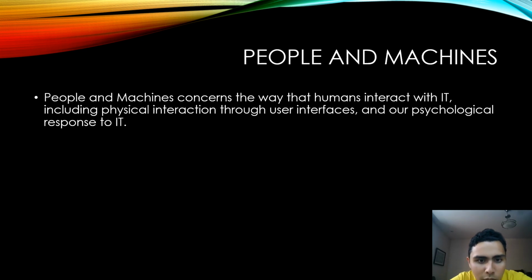People and machines concerns the way that humans interact with IT, including physical interactions through interfaces and our psychological response to IT. Let's say we, people of the 21st century, born in this century, a lot of people tell us that we were born with a phone in our hands, and that because of that we know how to use technology for almost everything.